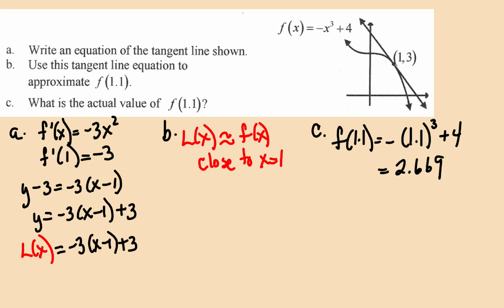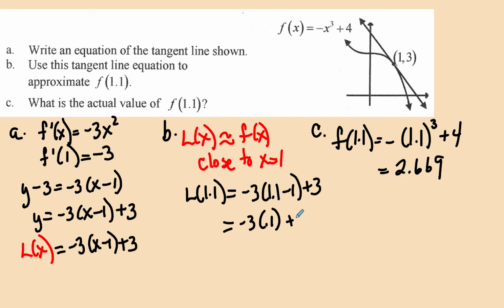We want to use the linearization, the line, and we're going to put 1.1 into the line, and this will be -3 times 1.1 minus 1 plus 3. This is -3 times 0.1 plus 3, so this is -0.3 plus 3, which is 2.7.